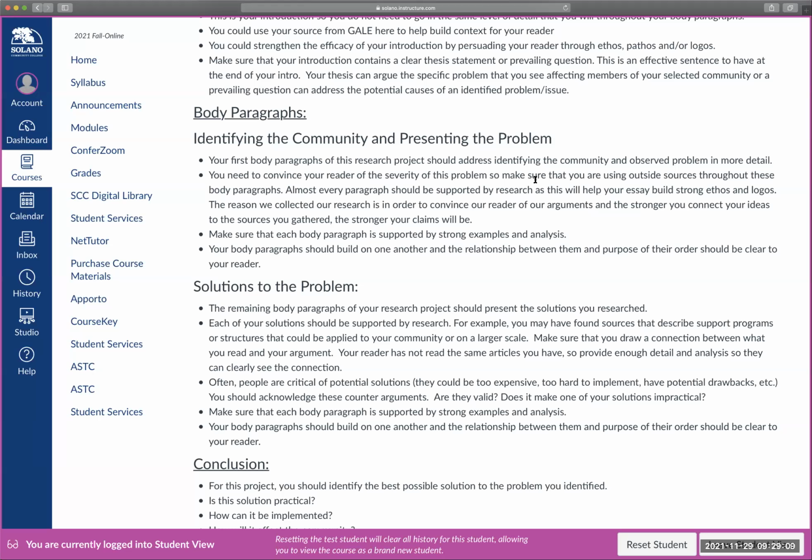So you may have found sources that describe support programs or structures that can be applied to your community or on a larger scale, right? So that's one of those things to think about. I was reading a paper last semester by a student who was exploring homelessness in the Bay Area.